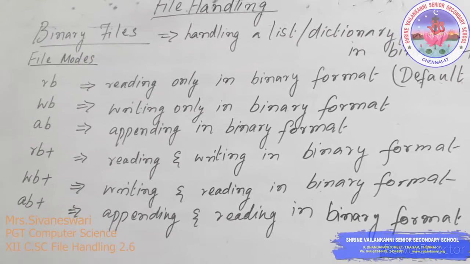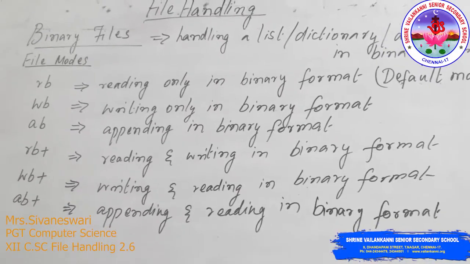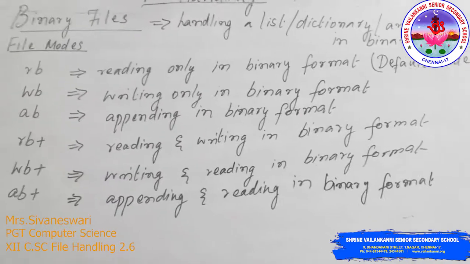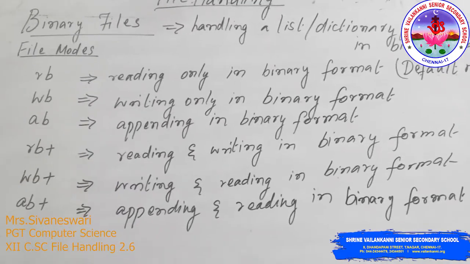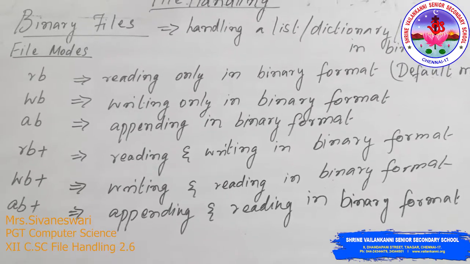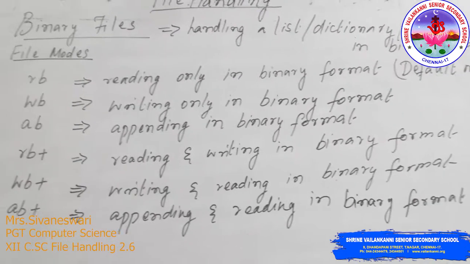Continuation of file handling. Today the new topic we are going to see is binary files. What is the difference between binary files and text files? In text files, we usually handle strings and lists, the text format.